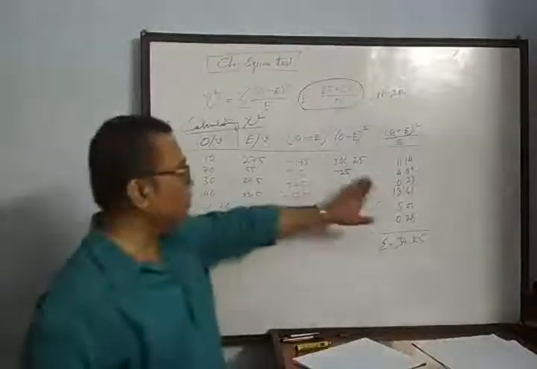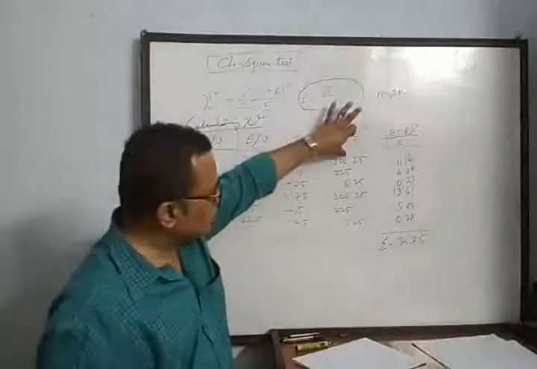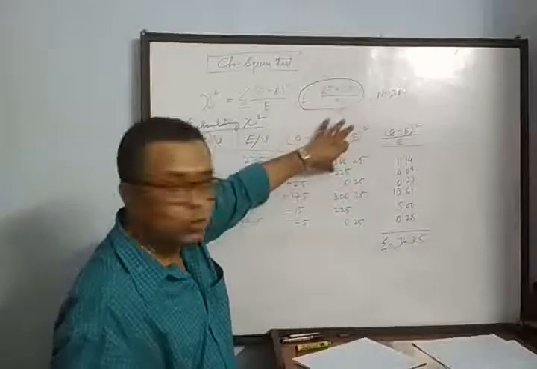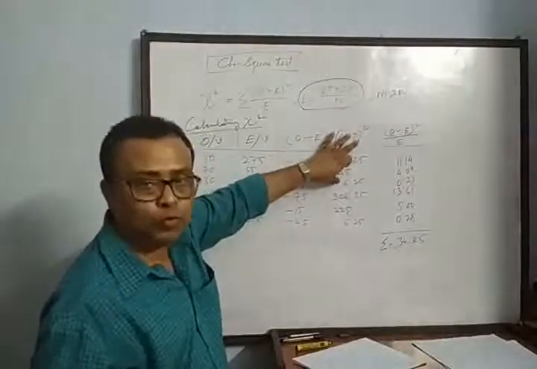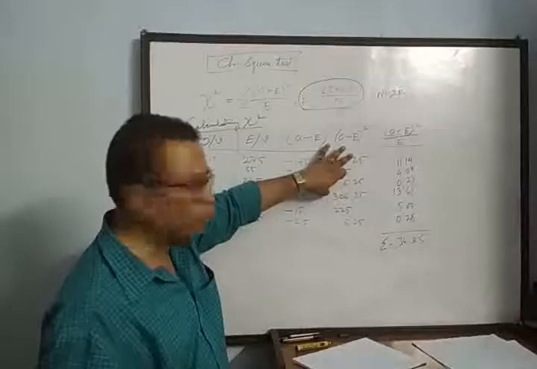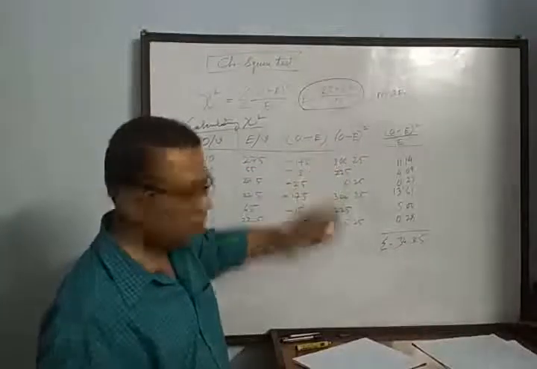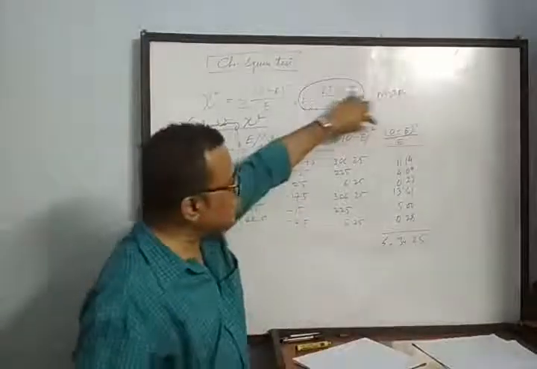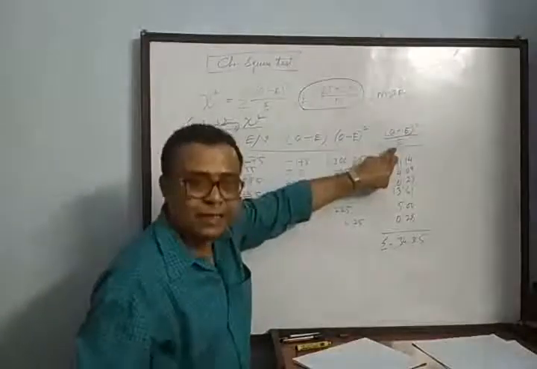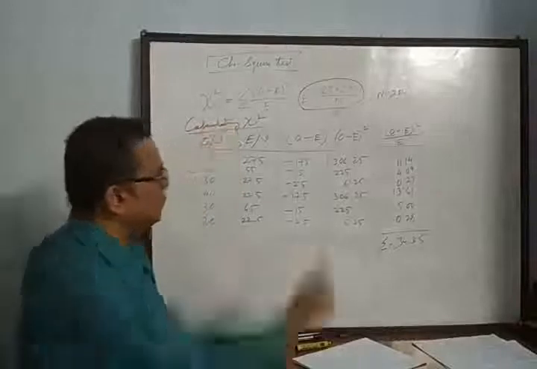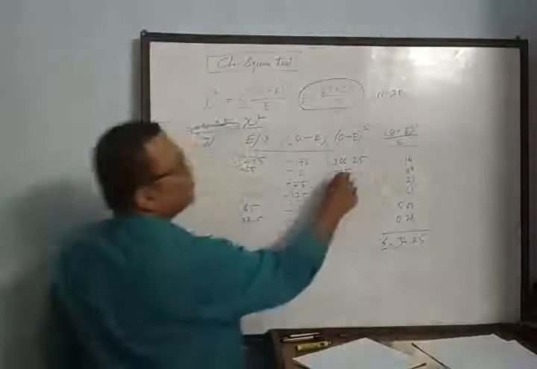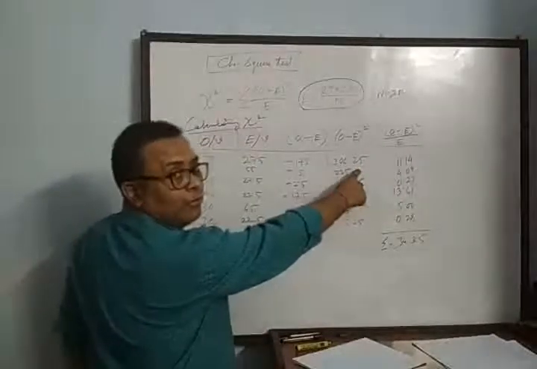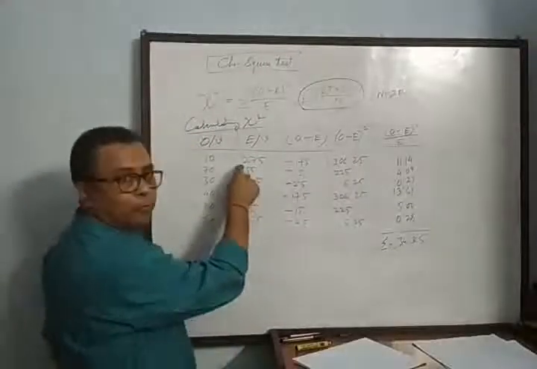Now squaring the value, we have got 306.25, 225, 6.25, again 306.25, 225 and 6.25. Now O minus E whole square divided by E. How have we got this value? 306.25 divided by 27.5.